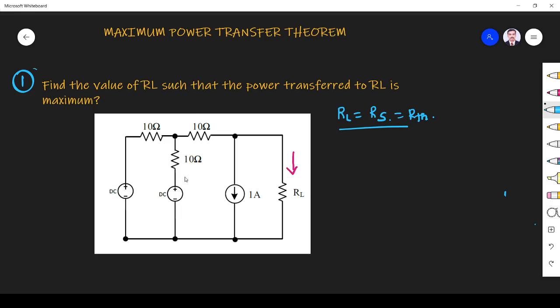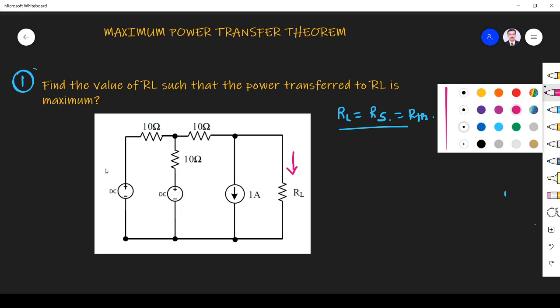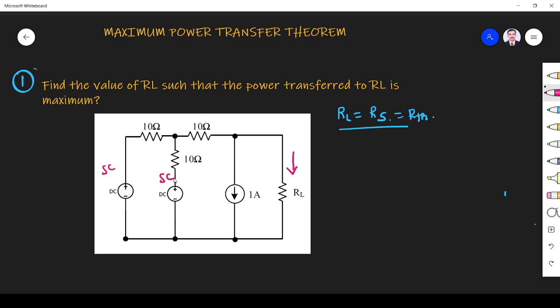Let us find the Thevenin resistance for this circuit. To find Thevenin resistance, all the sources must be removed. Voltage source must be shorted and the current source must be open circuit. So this must be shorted and this must be opened. So the circuit becomes like this, right?